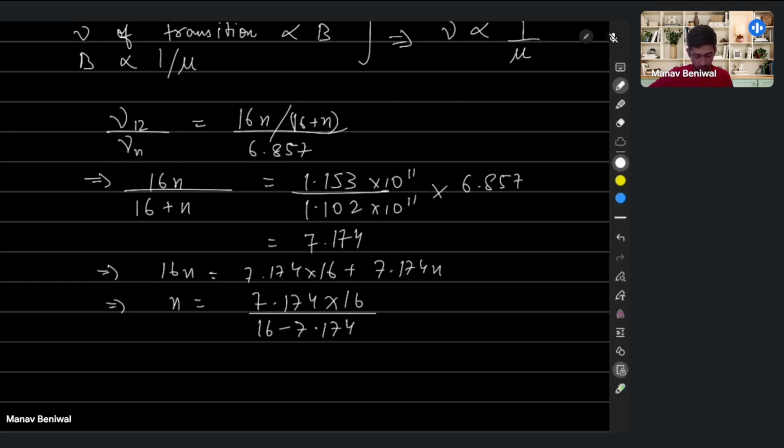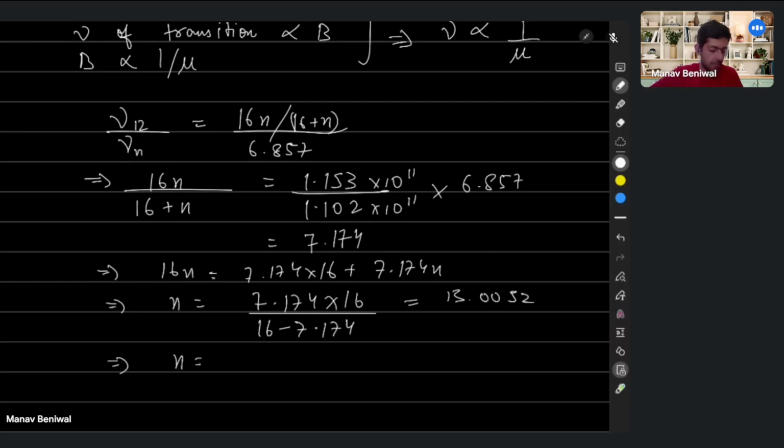So we have 7.174, multiply this by 16 and divide this by the denominator, so this comes out to be 13.0052.